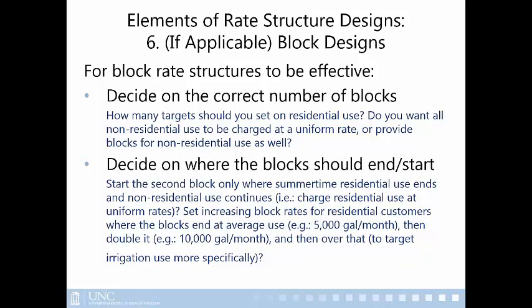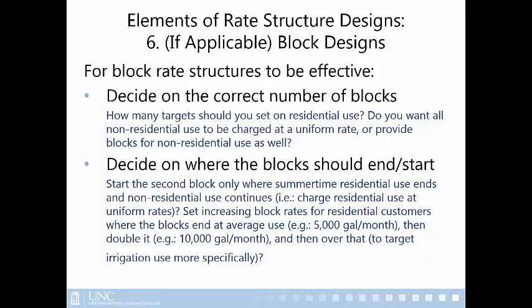Deciding on where the block starts and ends is also a key part. I think that to me is more important than the number of blocks, because that is where you then start affecting customers' bills. And if you start a block very late, then you find that most customers are always paying the first block rate, and essentially you have a uniform rate structure and only very few pay that second tier block.